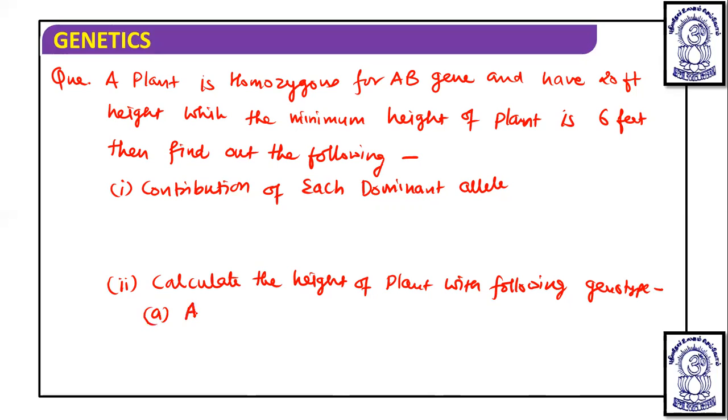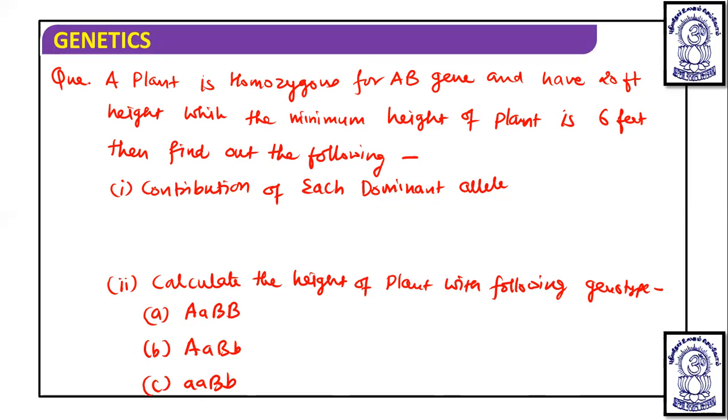The genotypes are capital A, small a, capital B, capital B; capital A, capital B, small a, capital B, small b. Okay, so this thing we have to identify. So let's solve these two questions.